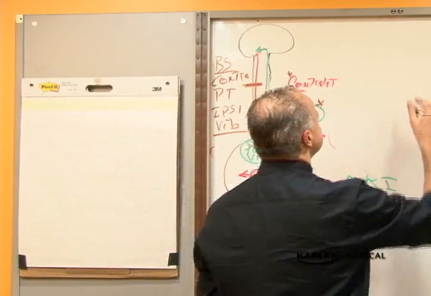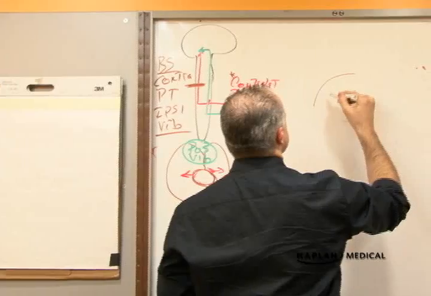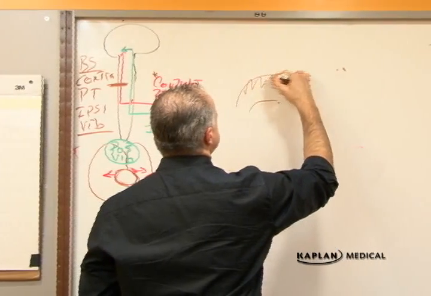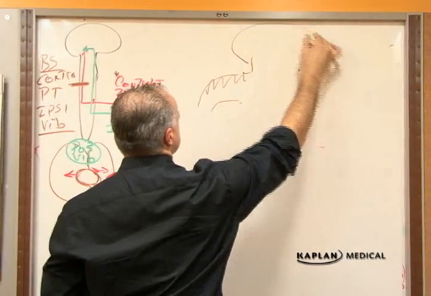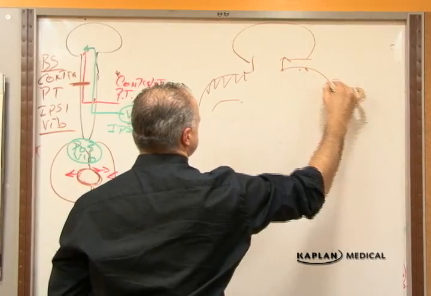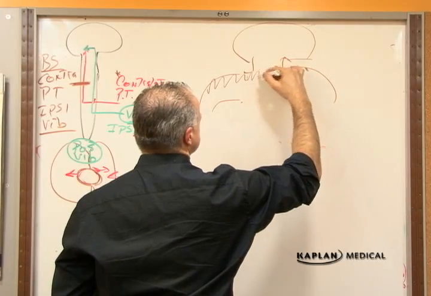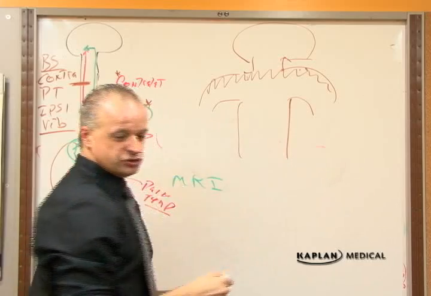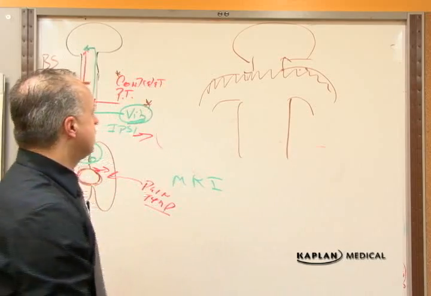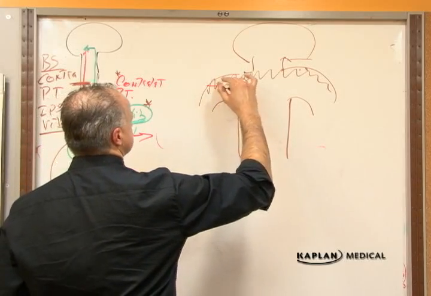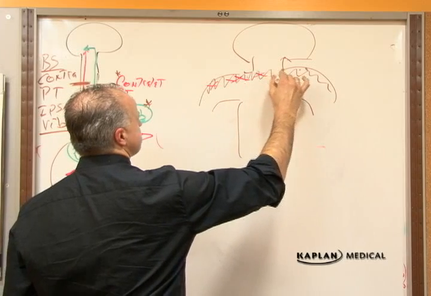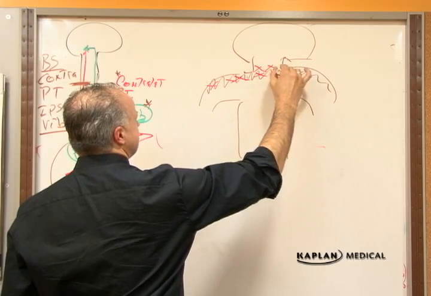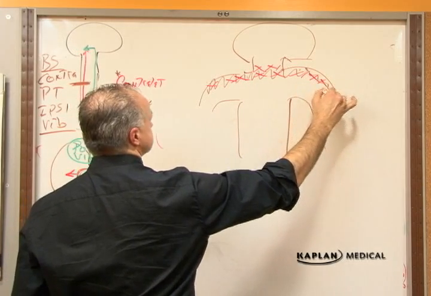Now, why is it causing a loss of pain and temperature in a cape-like distribution? Excuse me, I'm just making a sort of alien picture here, in a cape-like distribution across the back and upper arms. You're losing pain and temperature in a cape-like distribution in the neck, the back, and the upper arms.